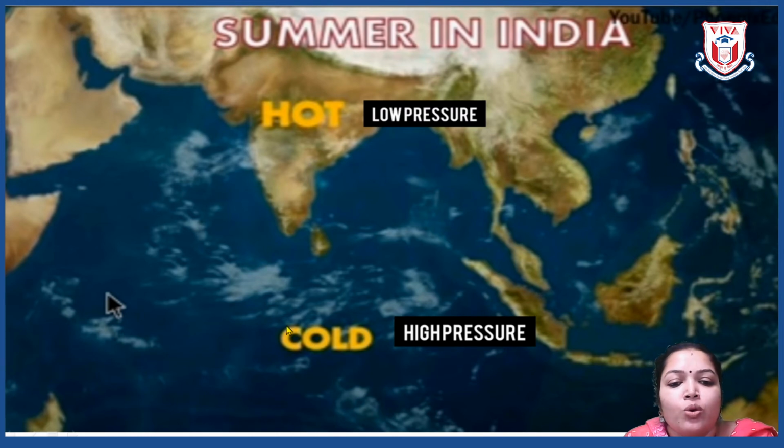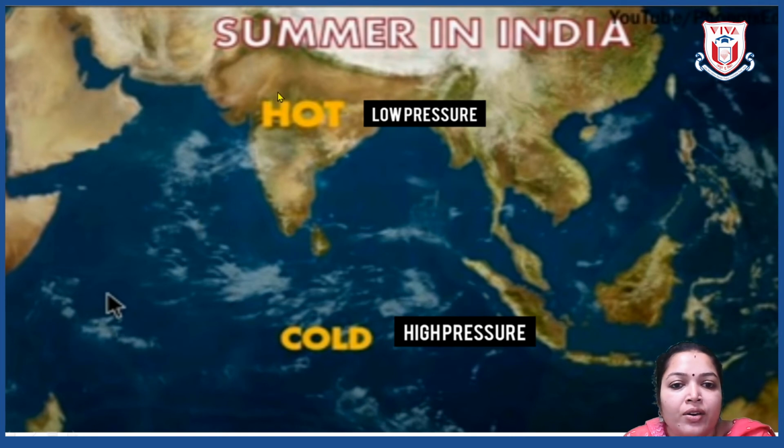In summer, air starts blowing towards India, but here is the equator. These winds move in this direction, but once they cross the equator, they change direction because of the rotation near the equator, and they start moving towards India.